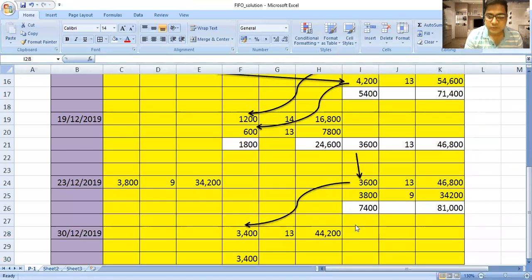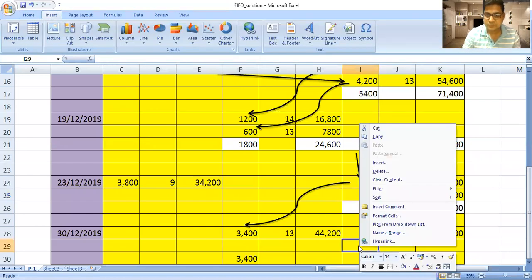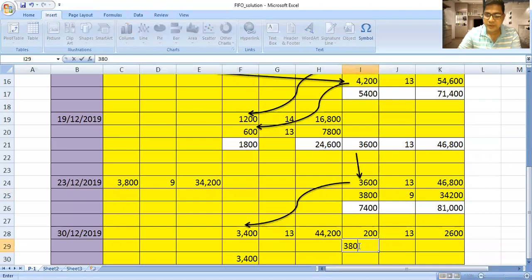Now friends, from this 3,600, 3,400 sold. The rest is 200 units. Their rate is 13. The 200 into 13 is 2,600. And these 3,800 units we have to keep as they are.